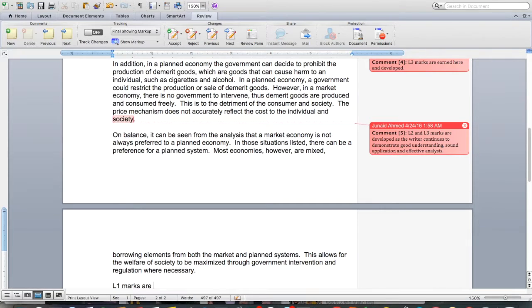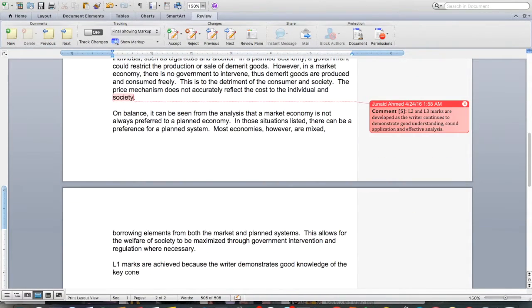Why are L1 marks achieved? Because the writer demonstrates good knowledge of the key concepts in the essay prompt.